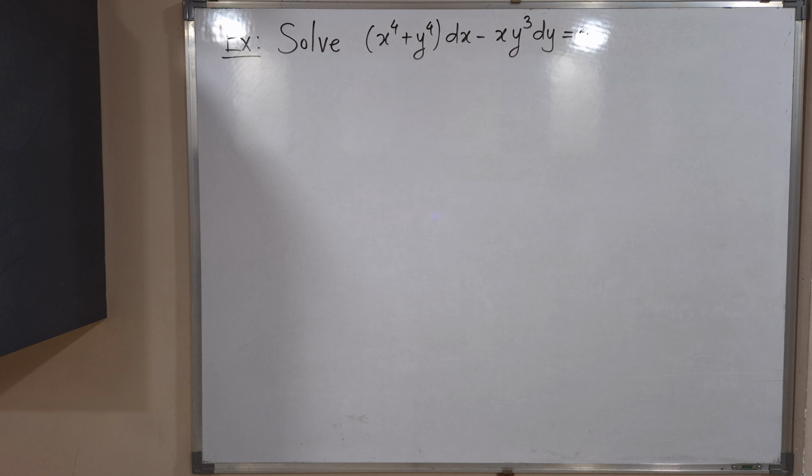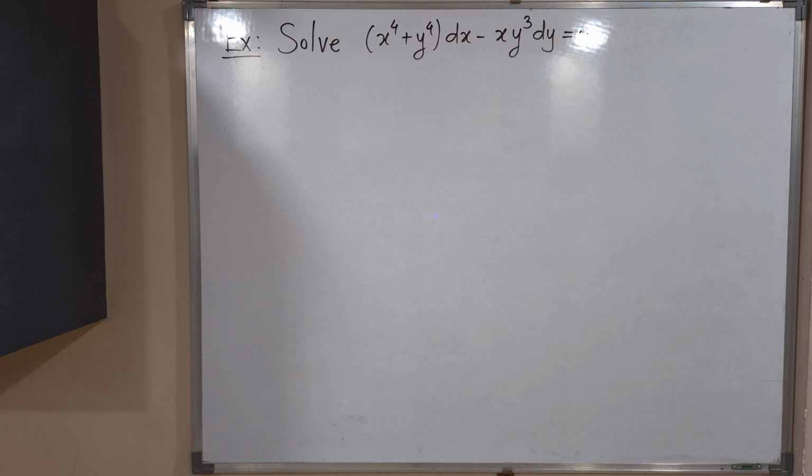See what will happen here? One x we can easily cancel, right? So what will I get? Minus y cube upon x raised to 4, since we have cancelled out one x, dy is equal to 0. So here also x raised to 4 will get cancelled. So 1 upon x plus y raised to 4 upon x raised to 5, dx, minus y cube upon x raised to 4, dy is equal to 0.